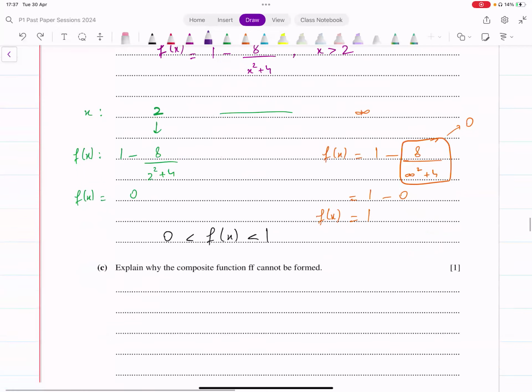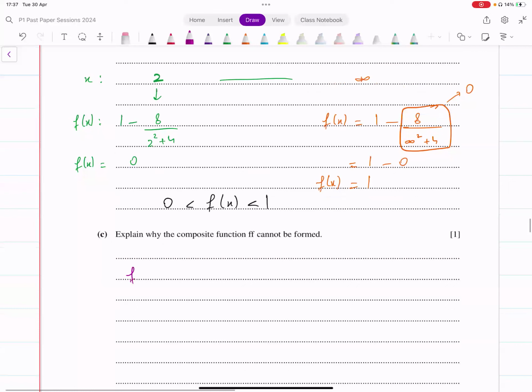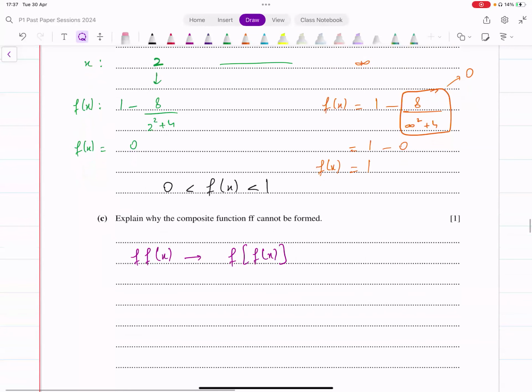Now, part C says, explain why the composite function ff cannot be formed. Now, what is ff? It is basically f of f of x, right? In this case, f is an inner function, and f is also the outer function. F is both the inner function and the outer function.